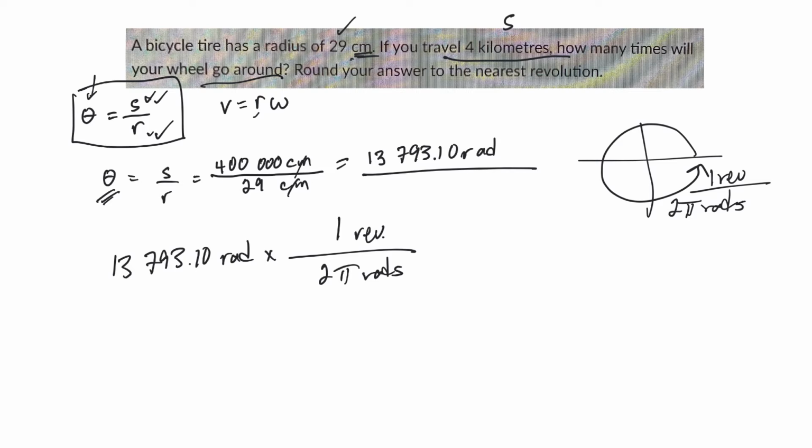That equals 2,195.24. They want the nearest revolution, so I'm giving them 2,195 revolutions. That's how many times the tire would go around if I went 4 kilometers.